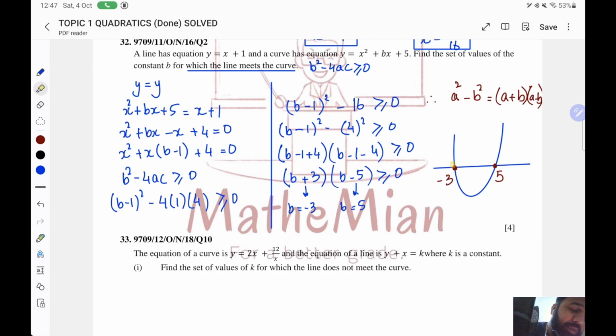Greater than means the region above the x-axis, so I have shaded in both cases. The two inequality solutions for b: the left hand side gives you b less than or equal to -3, and the right hand side gives you b greater than or equal to +5. Is that clear? Do you understand there has to be an equal sign in this case as well?